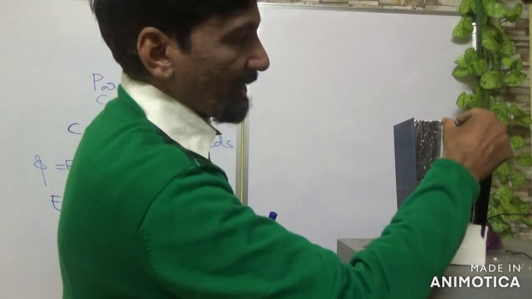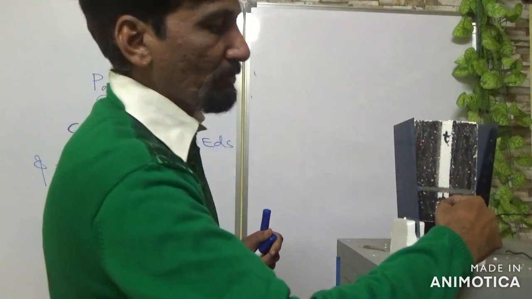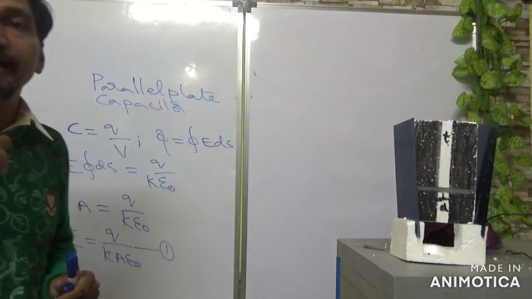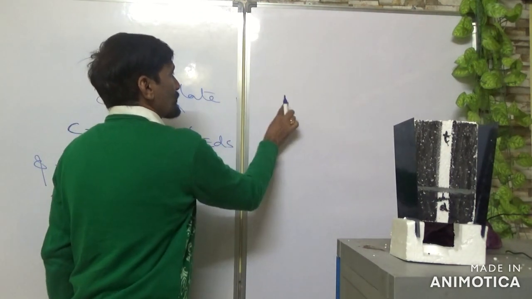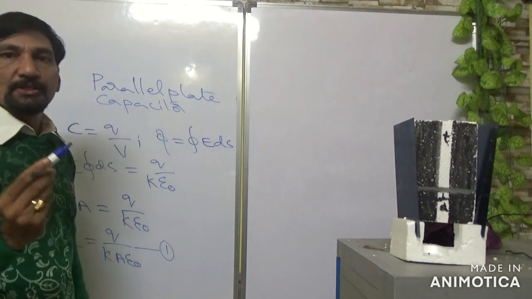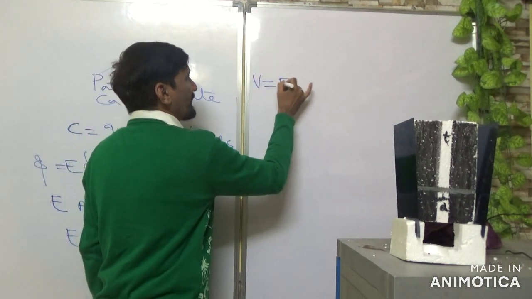The dielectric is placed with thickness T, and the remaining distance is D minus T. Therefore the potential changes. So potential is equal to E D.